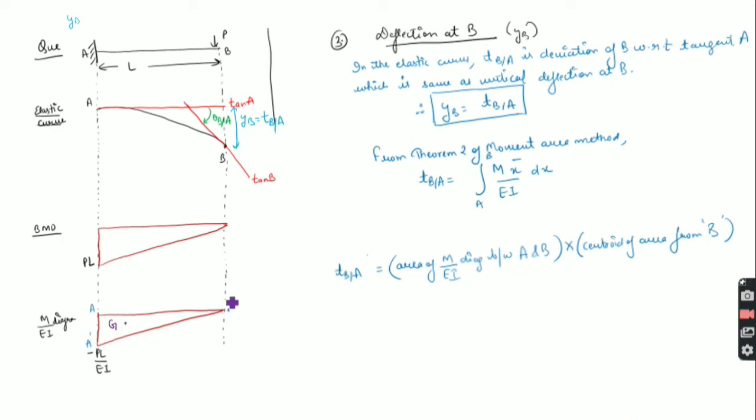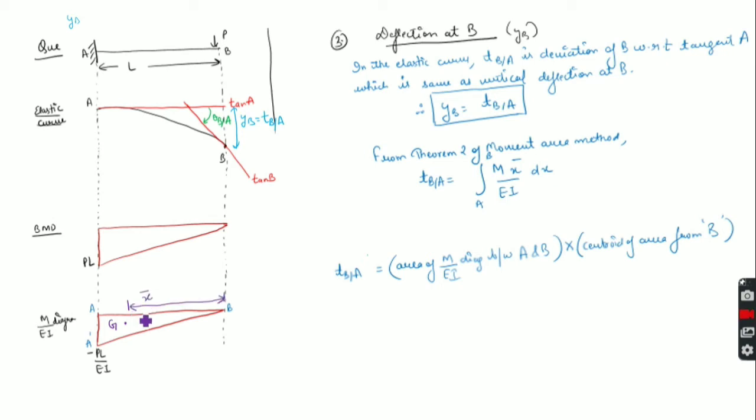We take the area of the M by EI diagram between A and B because we have chosen both points A and B, and since the tangent at A is horizontal, it will be easier to calculate. So X bar will be the location of the centroid from point B.